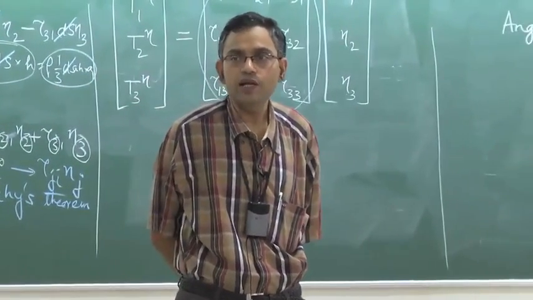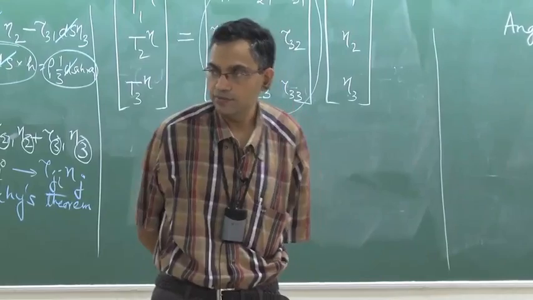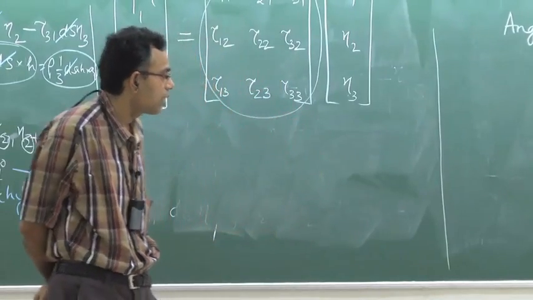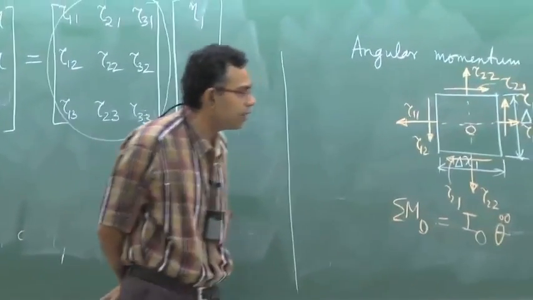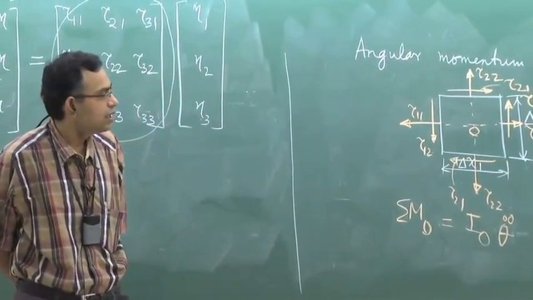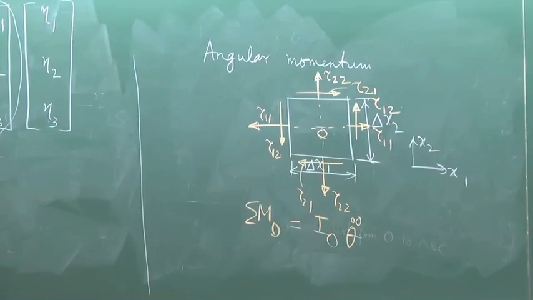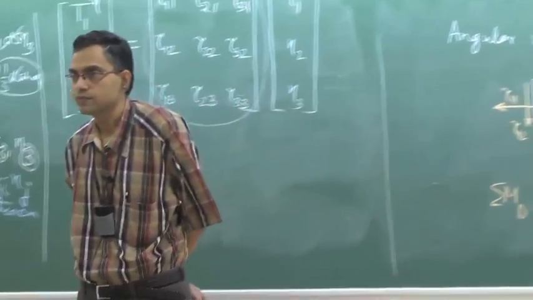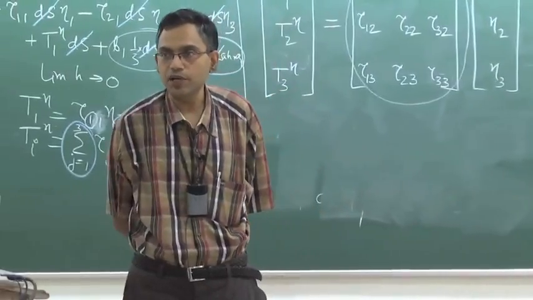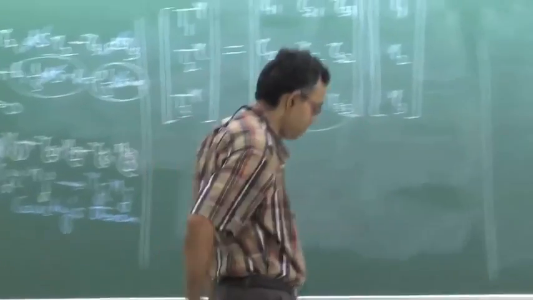This is equivalent to Newton's second law for rotation. So clearly you can see, when you are talking about moment of forces, the normal components of stresses will not matter because they are all passing through O. Only the shear components will give rise to moments.